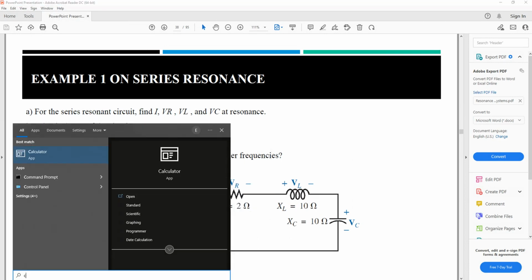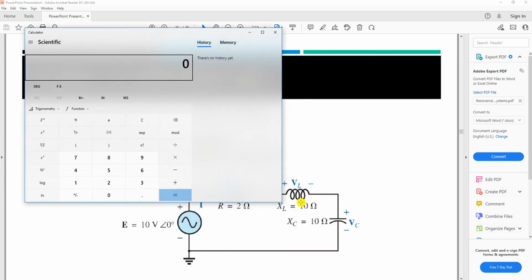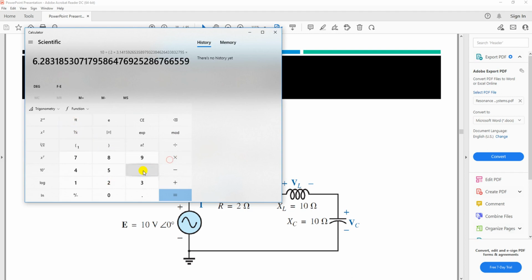So we can take the calculator. We know that XL, which is 10 ohm, is equal to 2 pi f L. So in order to get the inductance, take XL and divide it by 2 pi multiplied by the frequency. So we divide by bracket 2 multiplied by pi multiplied by the frequency of the supply, which is 5000.